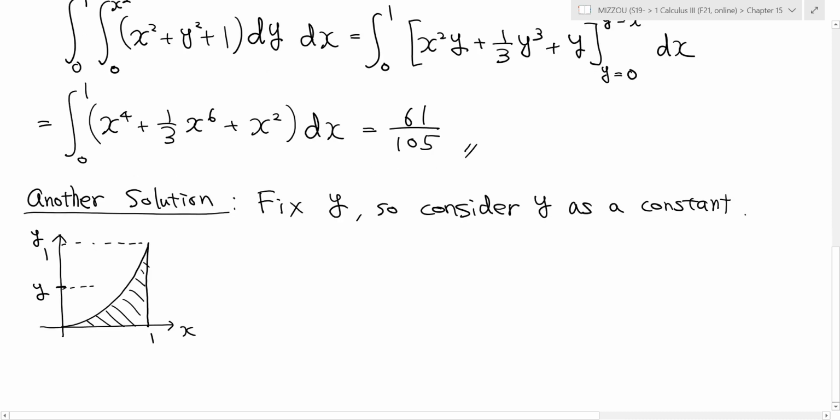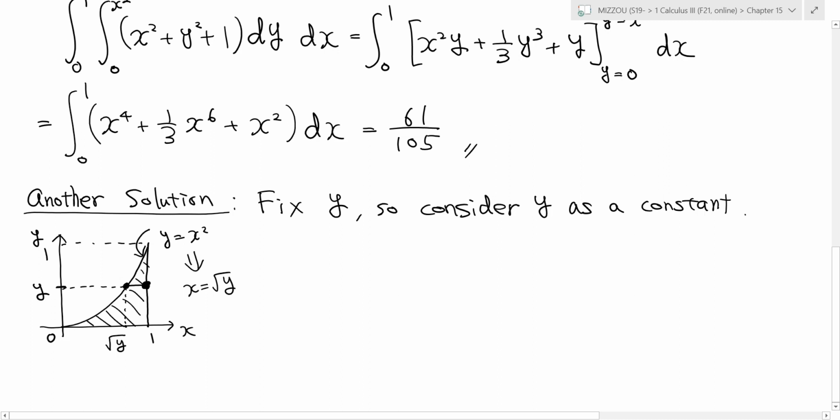For each fixed y between 0 and 1 in this picture, in order for you to be in this shaded region D, your x value has to start from here on the parabola to this vertical line. And the corresponding x value here is root y, right? Because this one is y equals x squared, and on this region, that's the same as x equals root y.